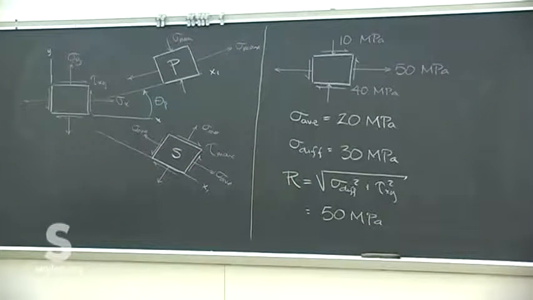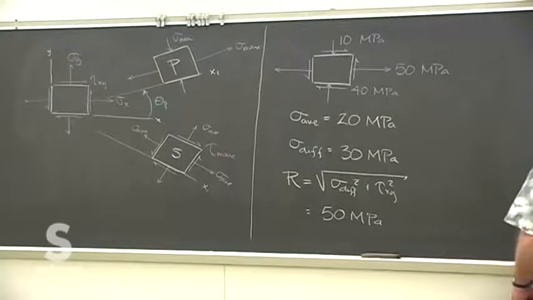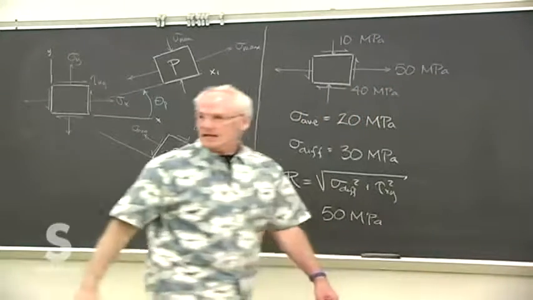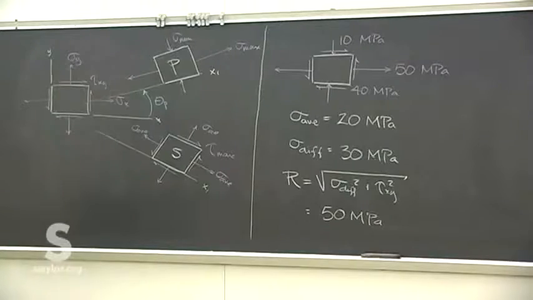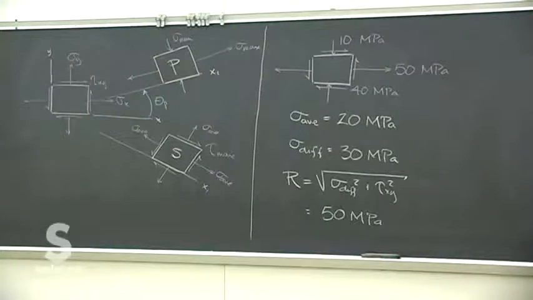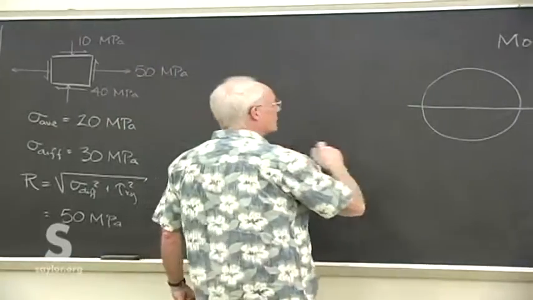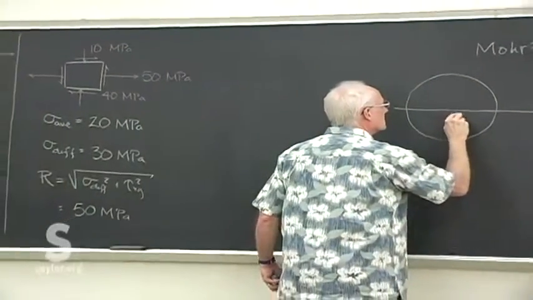The book says plot the points that you need and then sketch the circle. It's very difficult to get a decent looking circle. I think it's a lot easier just to simply draw the circle and lay the points out from there now that you've got them. Now put down your axes where they belong. We know that this axis goes right through the center and that that point is 20 megapascals.